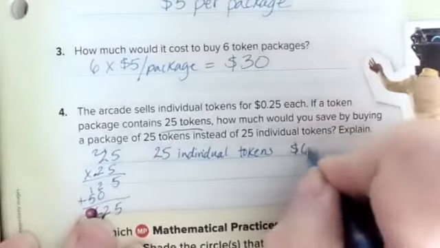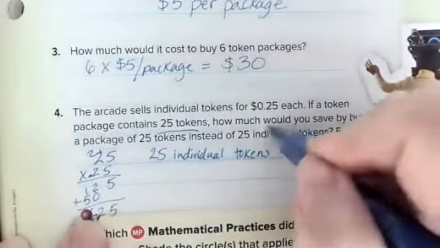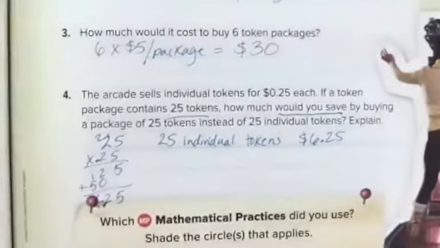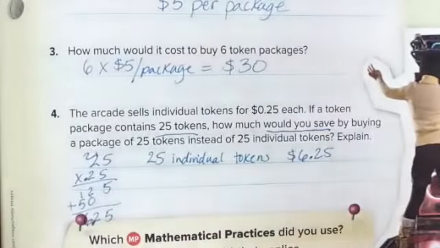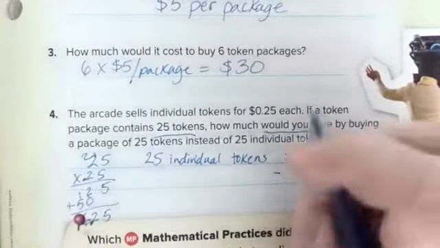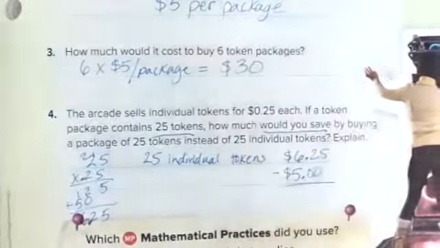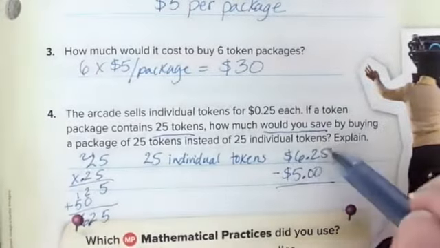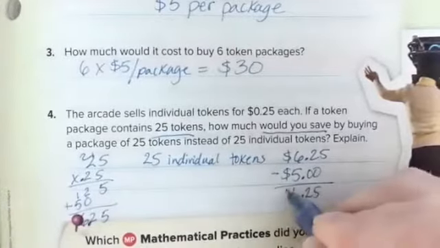So $6.25. And they asked us how much would you save? And that is a way of saying what's the difference between the higher price and the package price. So we know that each individual package of tokens was $5. So we would subtract the $5, then $6.25 minus $5 is $1.25.